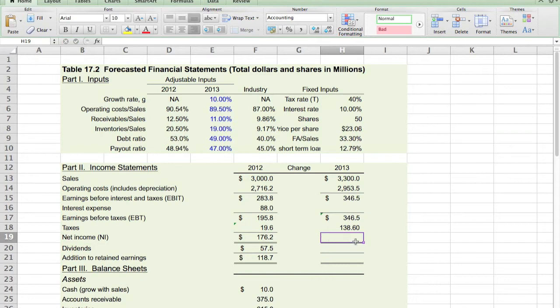To get the net income, you have to deduct taxes from earning before tax. Dividends is net income multiplied by the payout ratio of 2013 from the table above. So the addition to retained earnings is net income minus dividends.